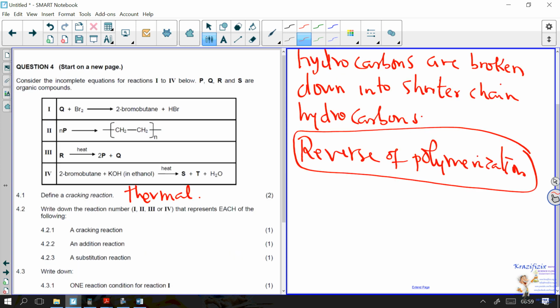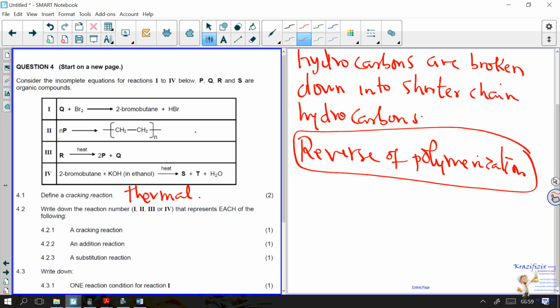That looks like a polymerization here. It's 2. But look at 3. Do you see 3 here? I am breaking down R into 2 components. So this one is cracking, reaction 3. We're breaking down 1 into 2.